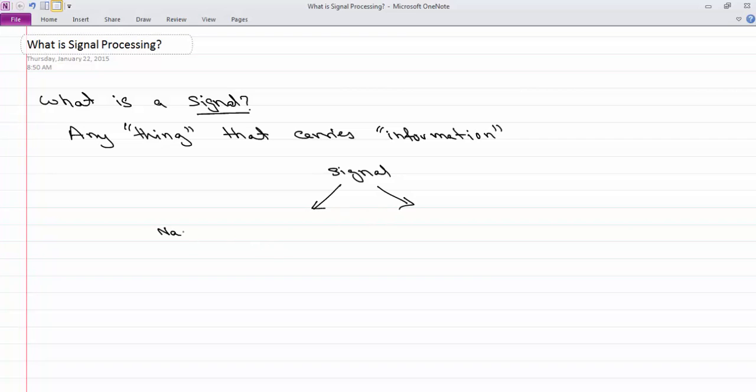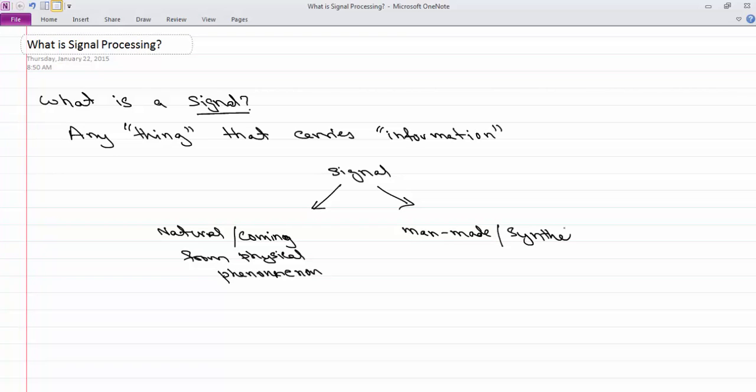One is natural signals, or those that come from physical phenomenon. And the second type is man-made or synthetic signals.